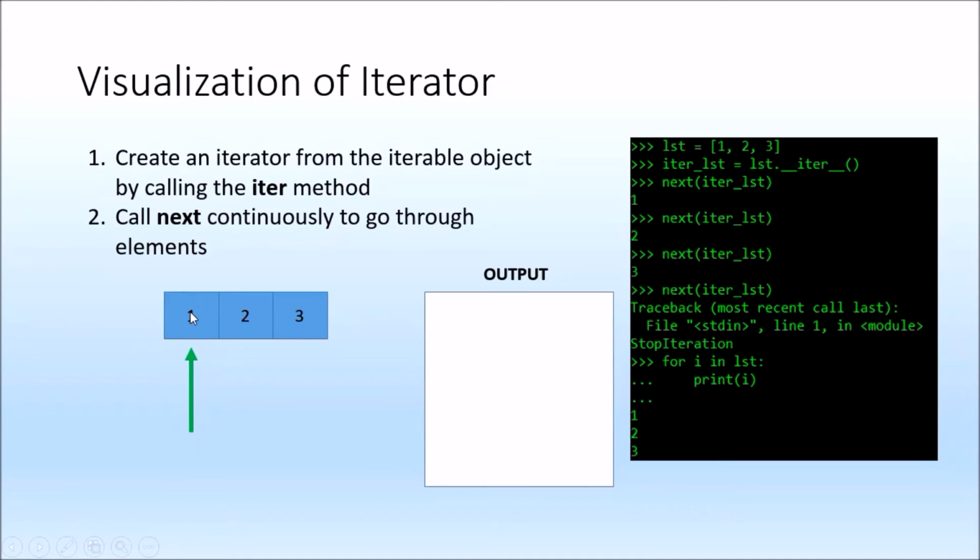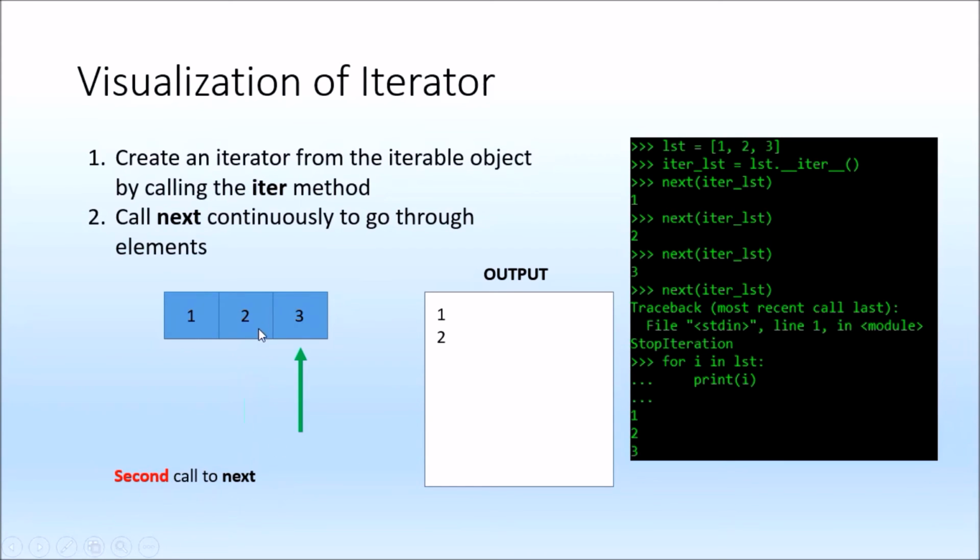Basically, we're going to read the first element, and then print it out. And then we tell the iterator to go to the next element. So we've read the first element and moved on to the next element. In the book analogy, we've read the first page and moved on to the second page, and now the bookmark's at the second page. So this happens in the first call to next.